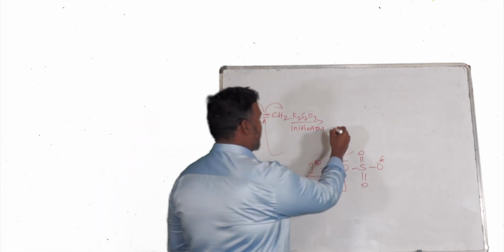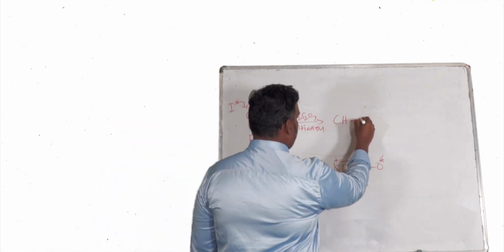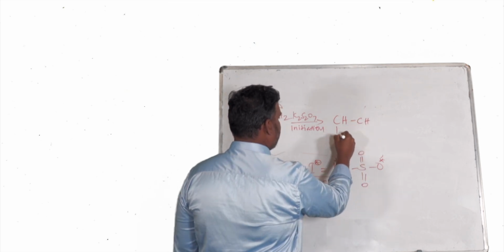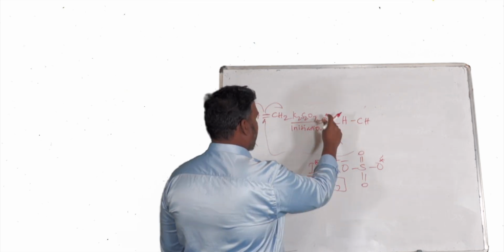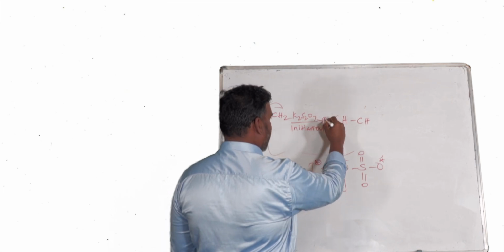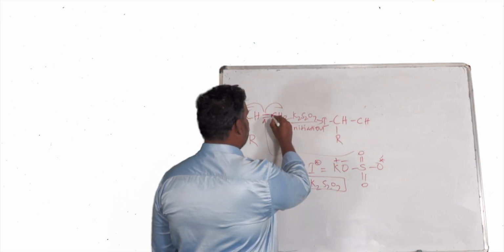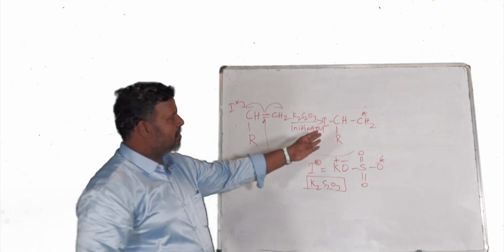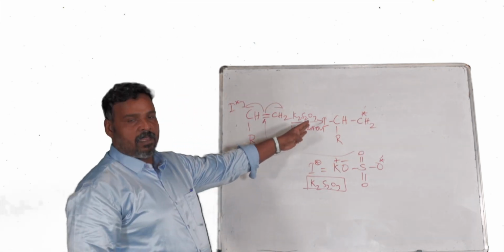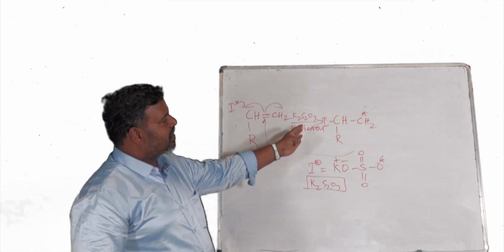It produces a radical, and it basically forms like this. The initiator is attached to this monomer, and it is no longer just an initiator. Now the initiator radical is shifted here, and it is ready to form a bond with another monomer.